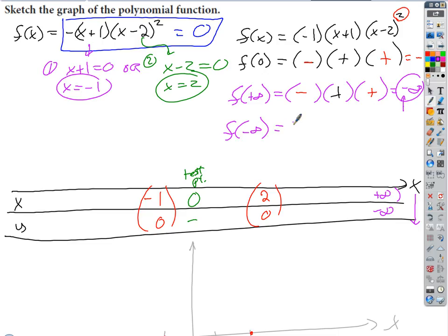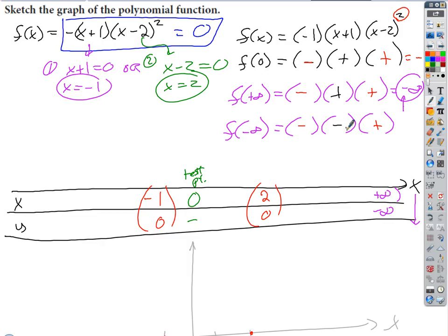Let's put in negative infinity. Well, the first one is negative. The last one, because it's being squared, is positive: any negative number, doesn't matter how big, if I square it, it's positive. What about this one right here? If I take negative infinity plus 1, is that going to be negative or positive? Negative.